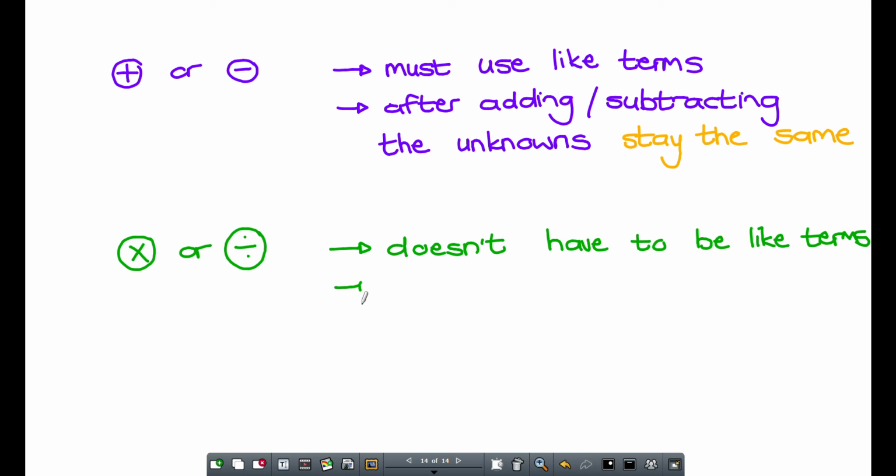And the second thing that you've got to remember there is the variable or the unknown can actually change. Okay, depending on what it is multiplied with or what it is divided with. Okay, right, so let's use an example of that. Can I skip to the next slide? Okay.